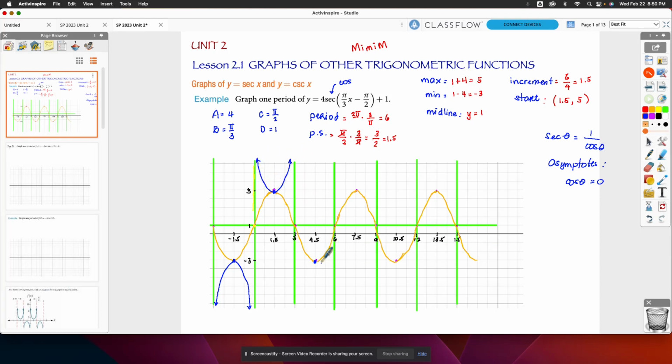Minimum point here, and a graph going this way. Okay, you see the pattern? So we graph the cosine, and then we use that graph to graph the secant. So this blue graph here is the graph of our secant function.